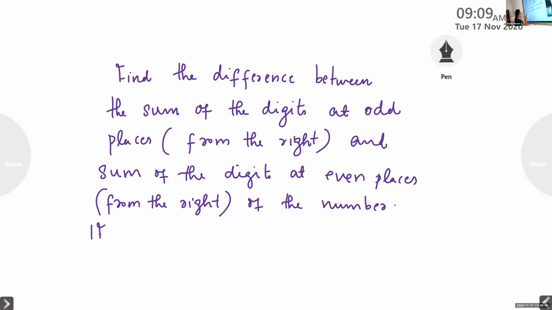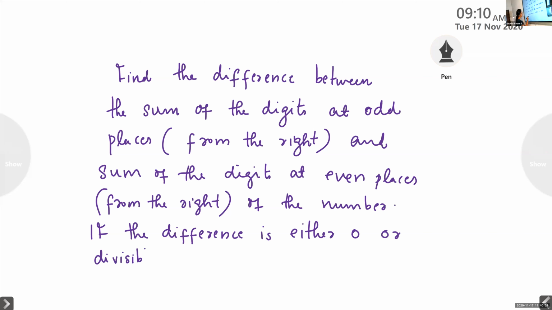If the difference is either 0 or divisible by 11, or a multiple of 11, then the number is divisible by 11.